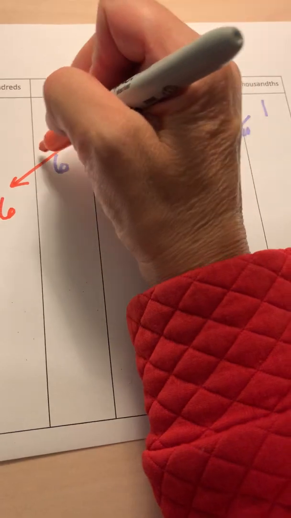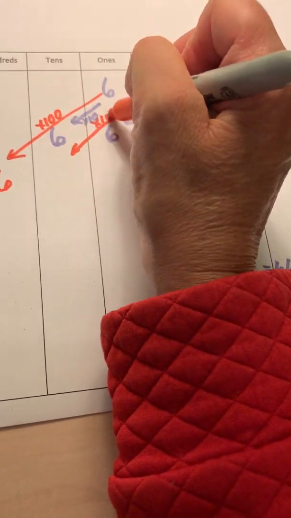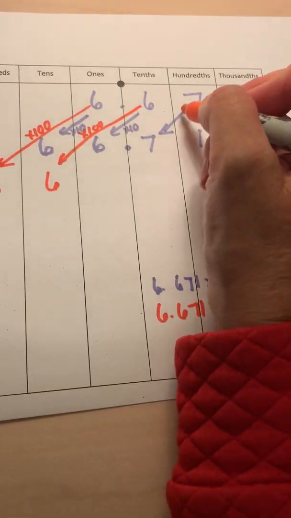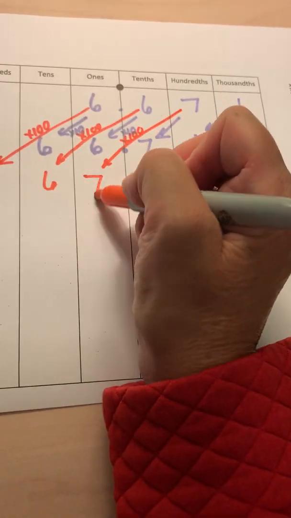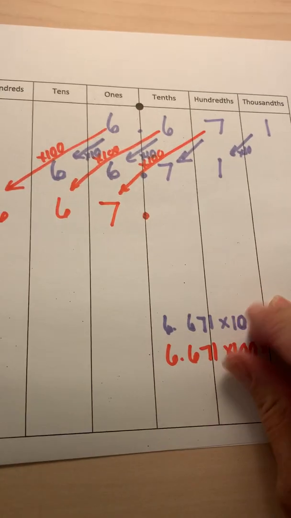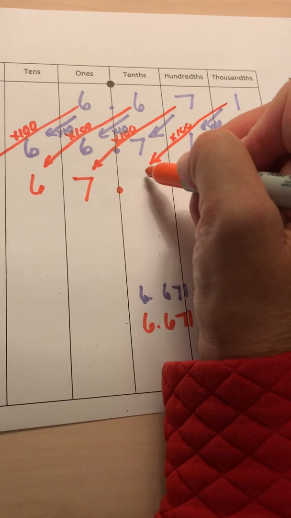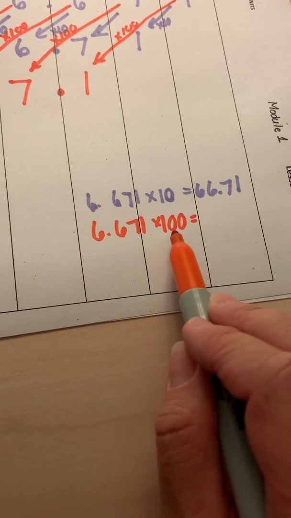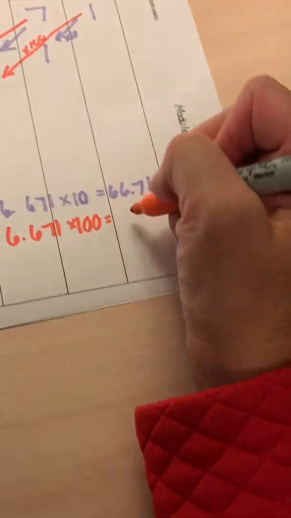And 6 tenths times 100 is 6 tens. And 7 hundredths times 100, we go over 2 place values, is 7 ones. We have our decimal point. 1 thousandth times 100 is 1 tenth. And so solving this problem, 6.671 times 100, we have the answer 667.1.